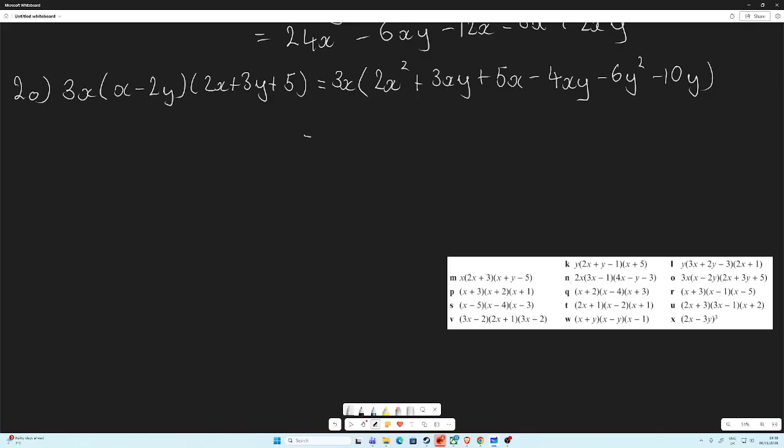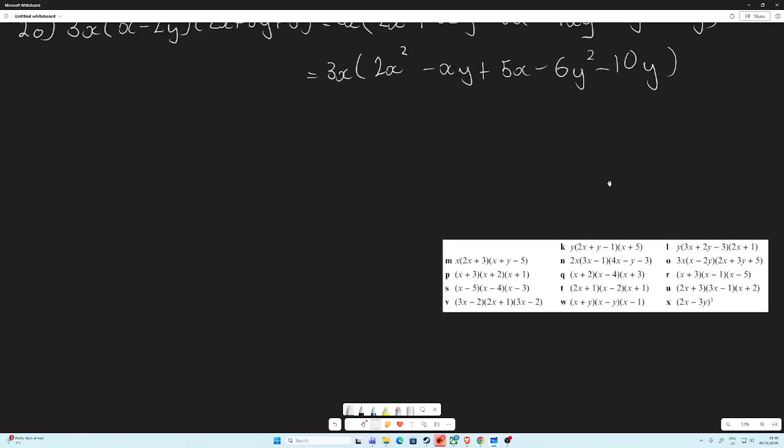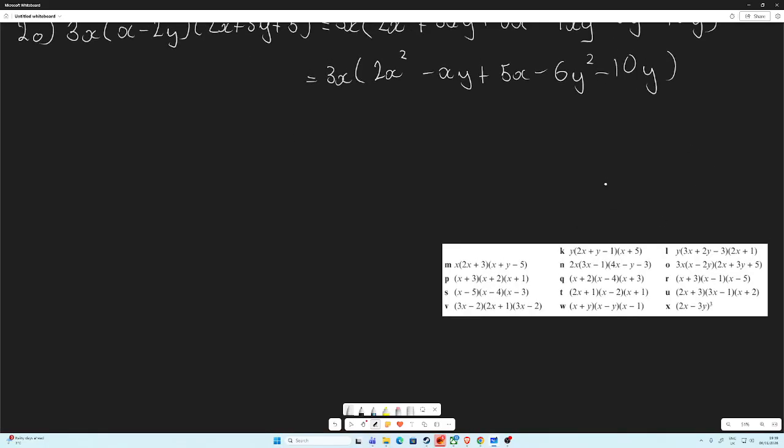Okay, so that is equal to 3x times 2x squared minus xy plus 5x minus 6y squared minus 10y. Okay, so that is 6x cubed minus 3x squared y plus 15x minus 18xy squared minus 30xy.